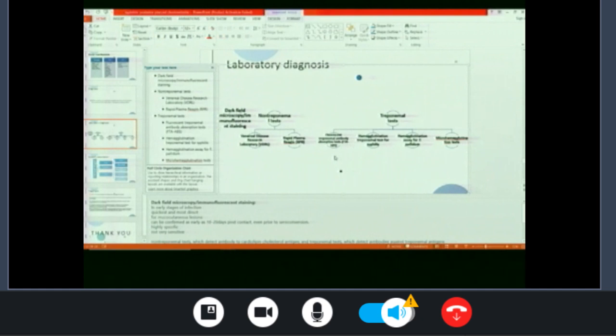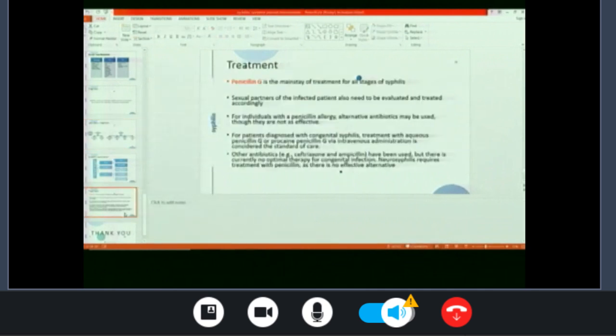So you mentioned treatment. How do you treat ocular syphilis? You mentioned penicillin G, but there are different regimens of treatment for different stages. Anyone knows? It is IV penicillin, but how is the dosage given?